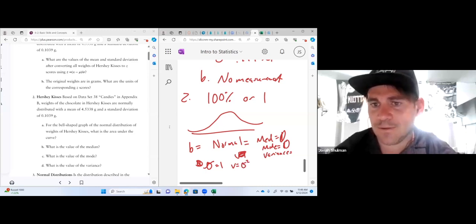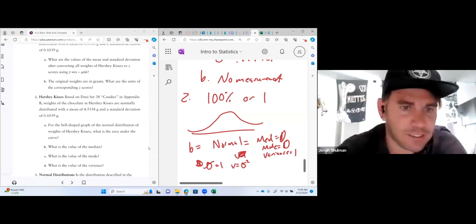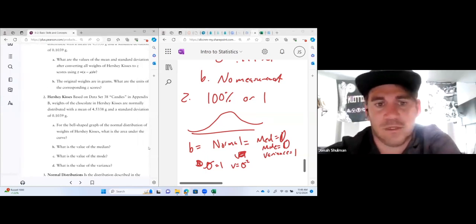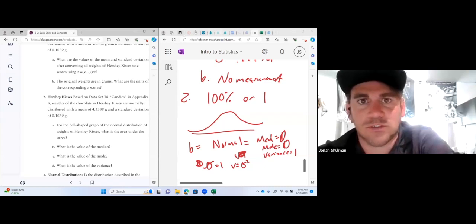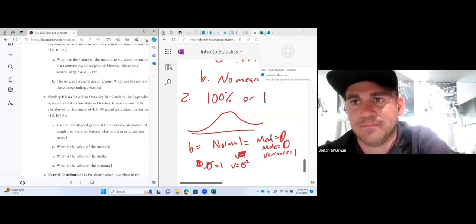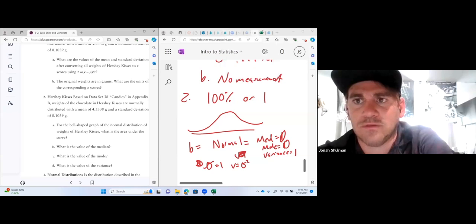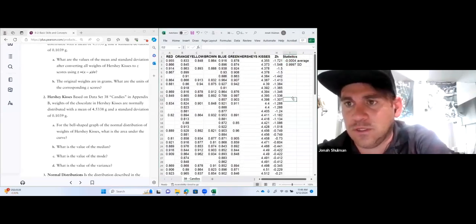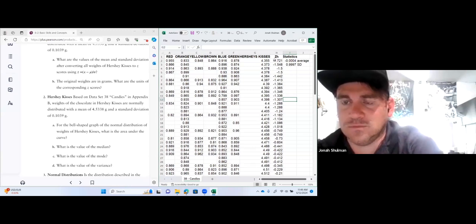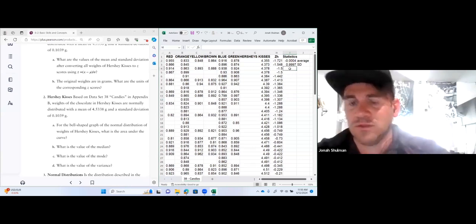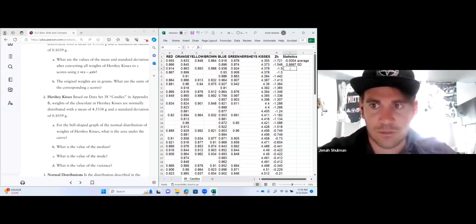Now, they don't specify where these are, so I'm going to do the normal data. I have the data, I might as well use it. So this was our Z's, right? If we want the median of this, I'll do it for both.